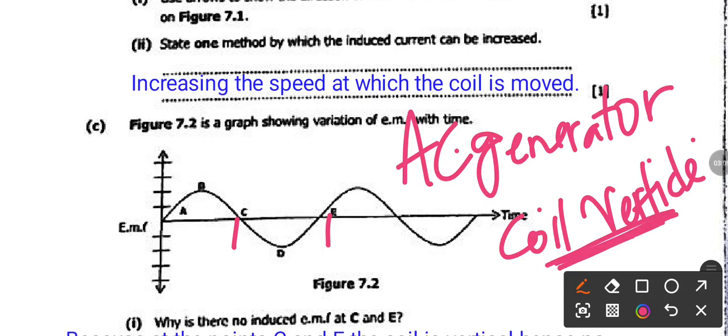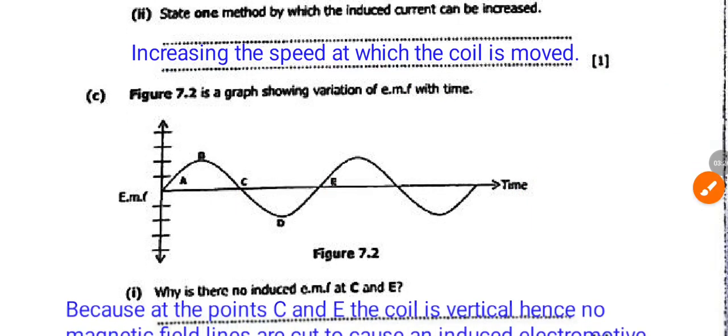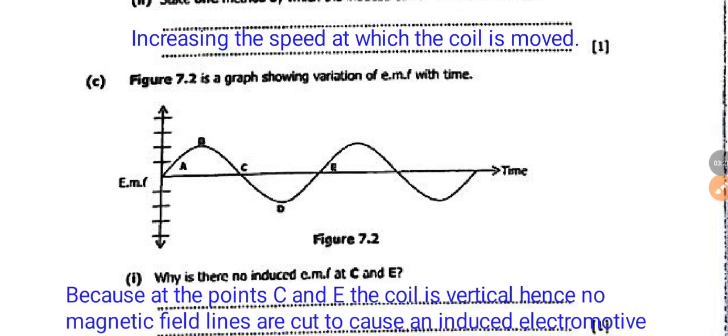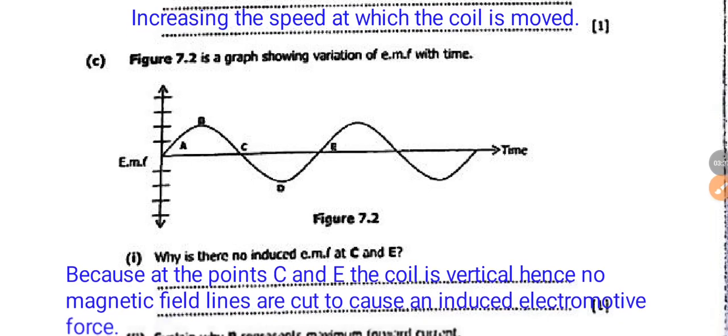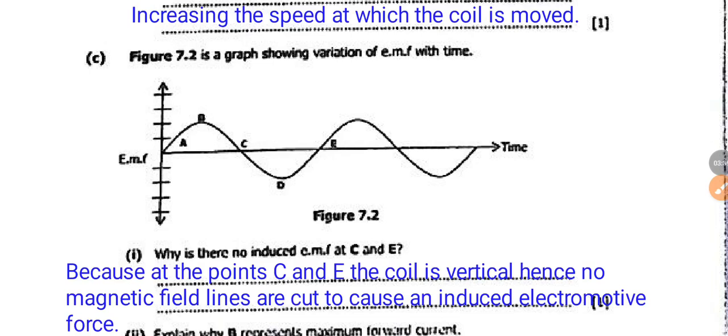So in such a case, there are no magnetic field lines that are cut, and we cannot have an induced current. Therefore, at C and E, I wrote because at the points C and E, the coil is vertical, hence no magnetic field lines are cut to cause an induced electromotive force.